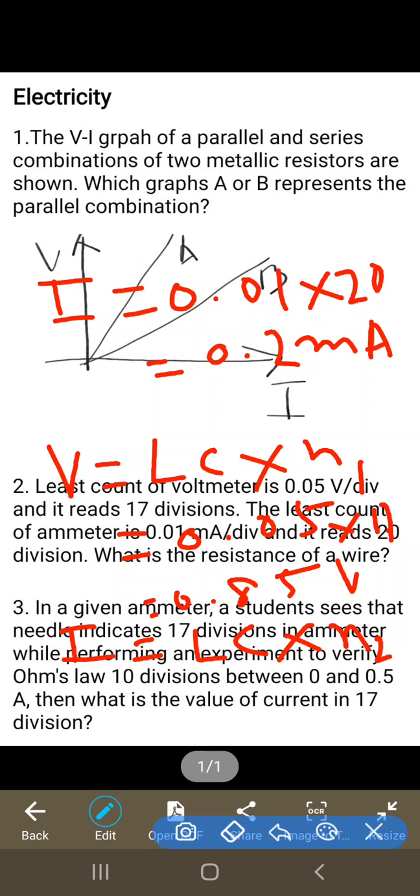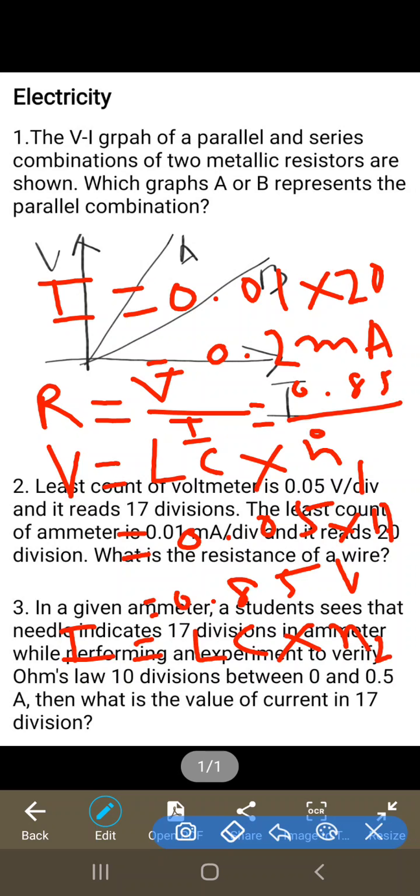Then R is equal to V upon I, and put the values. V is equal to 0.85 upon I is 0.2, and convert milliampere into ampere. So the answer will be 8.5 divided by 2, multiplied in the numerator by 10 to the power 3, because 1 milliampere is 10 to the power minus 3 ampere in the denominator.